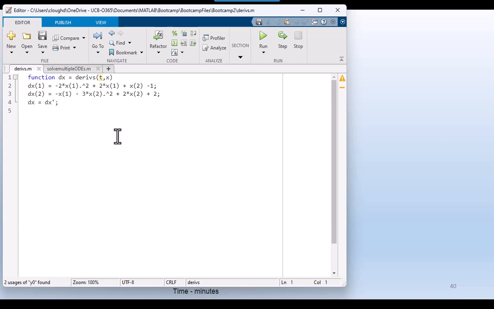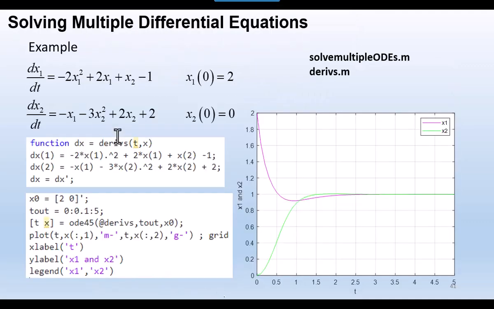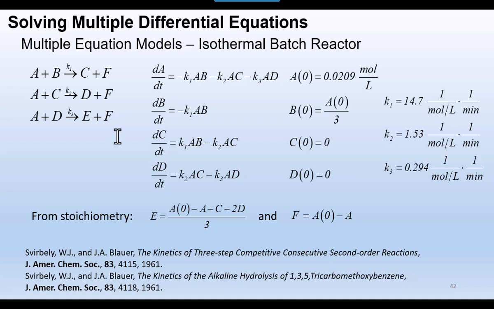So let's come back to our slides and just take a look at that one slide, which illustrates what the equations look like in algebraic form, and then how that translated over to our code, and then what the solution code is below, all right? Good.